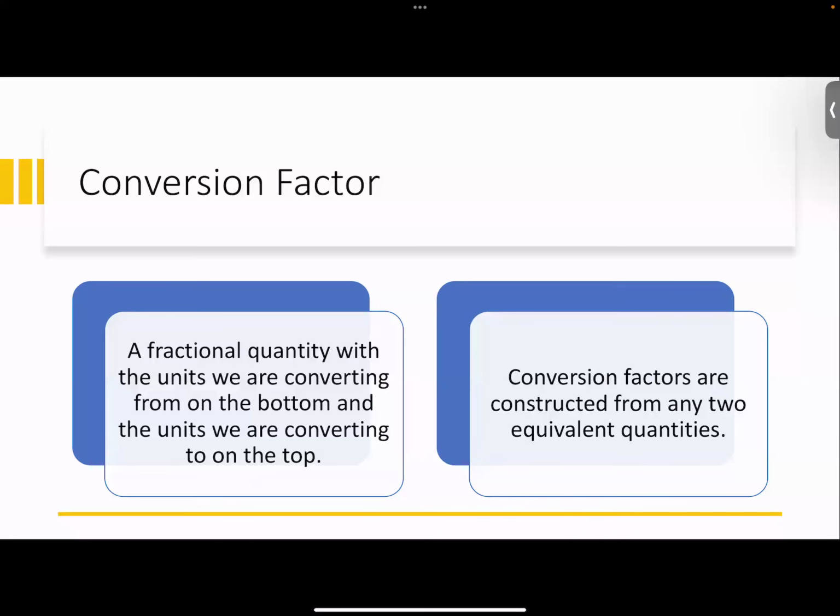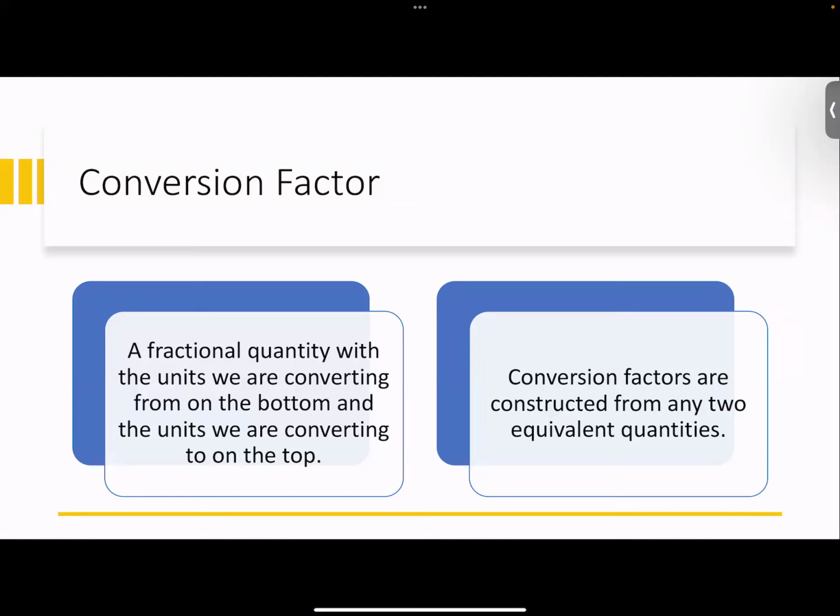You can use equalities such as 12 eggs in a dozen as your conversion factor. So if I ask how many eggs are in 3 dozen, what would you answer? 36. You just used a conversion factor. Now it's one you're very confident with. It's something you've used a lot.